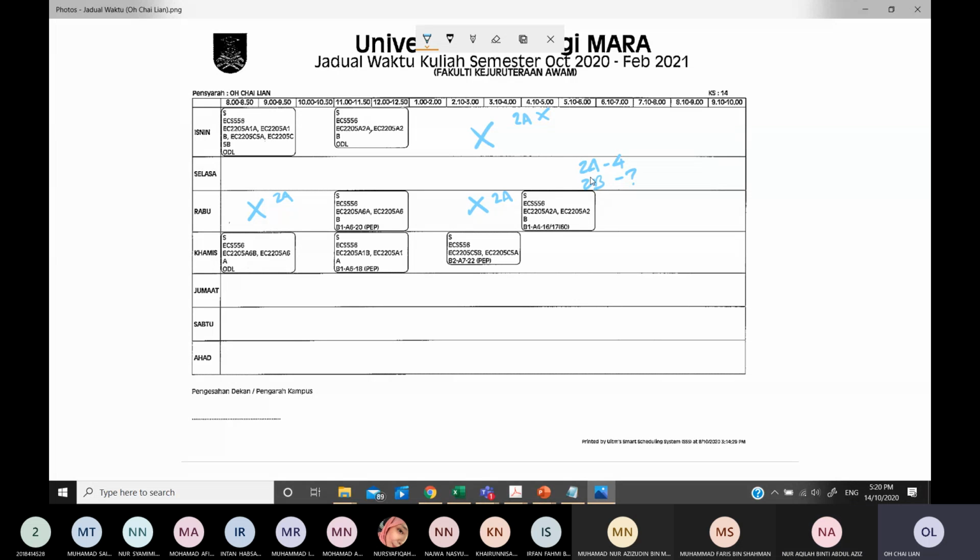Because I have a problem, I have to make a big arrangement if this slot is to be maintained. Okay, so I note that you have 11 to 1, if 2B also can make it. But how about your other slots, these 4 hours? Will it be difficult for you? If it is difficult, I will make my own arrangement.